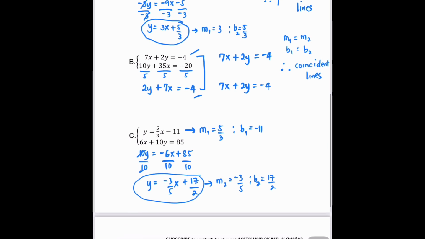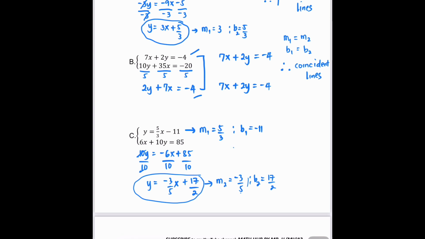All right, so let's compare their slopes. The slope of the first one is 5 over 3, and the slope of the second one is negative 3 over 5. You can see that their slopes are negative reciprocals, right? The slope of the first line, which is 5 over 3, we just flipped it and multiplied it by negative 1, right?